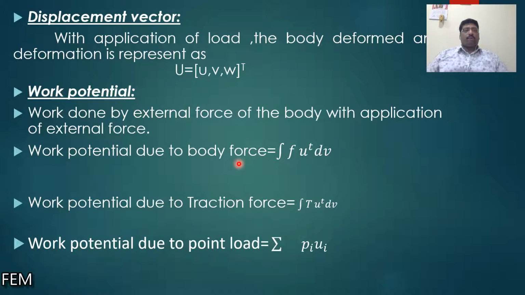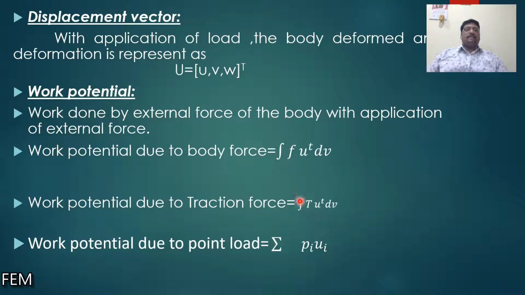Hence we can consider the integral of f into u transpose dV, over the entire volume, as the work potential for body force. Similarly, traction force is the force which is distributed over the entire surface.